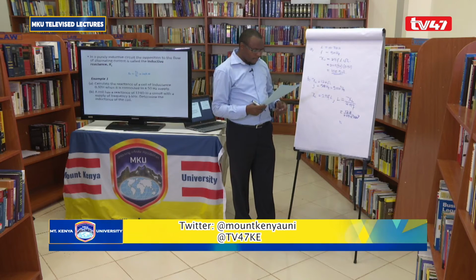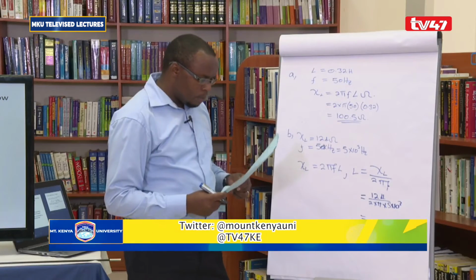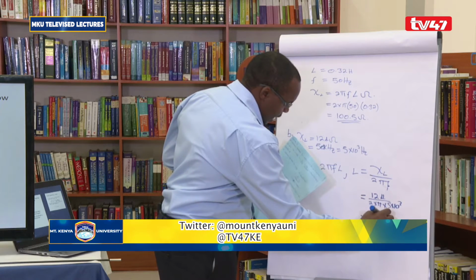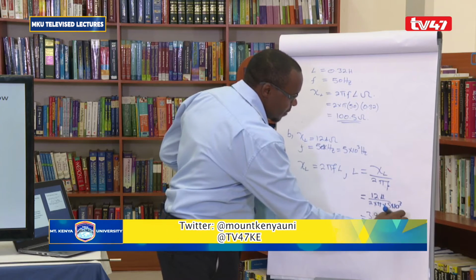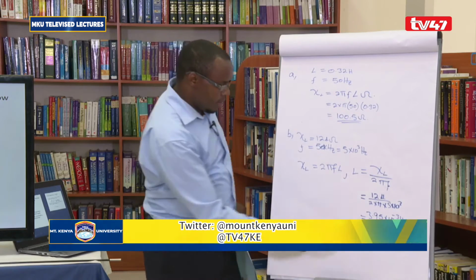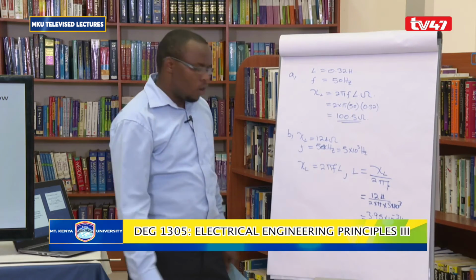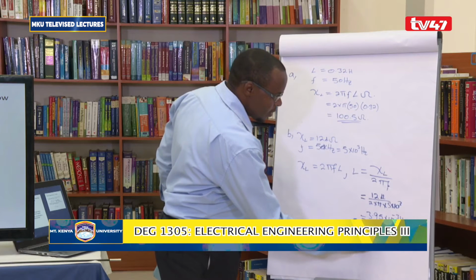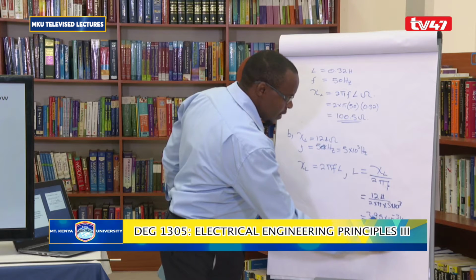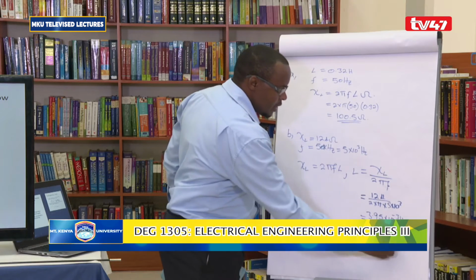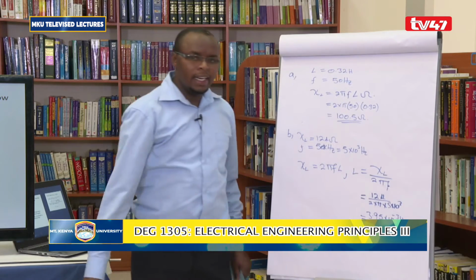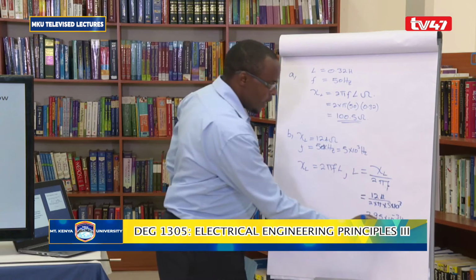you are going to get the value of the inductance as 3.95 times 10 raised to power negative 3 Henry. This times 10 raised to power negative 3 can also be written as milli, and therefore this is 3.95 milli Henry, small m, milli Henry.